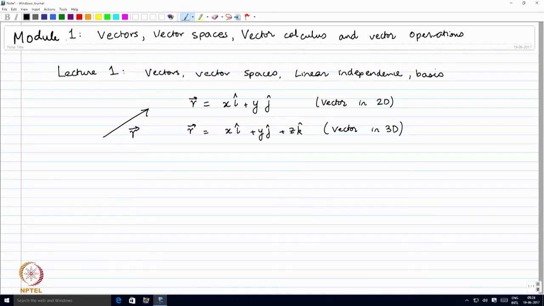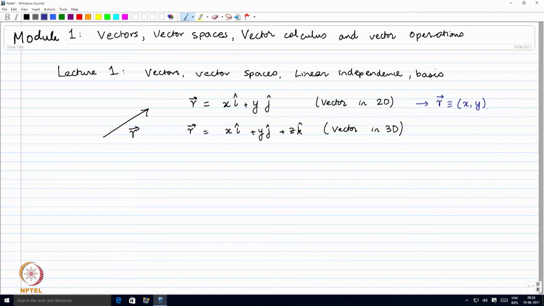Now, you could write this equivalently in a different notation. For example, instead of this r vector, you could write it as x comma y, which is a way of writing without writing this i and j every time.